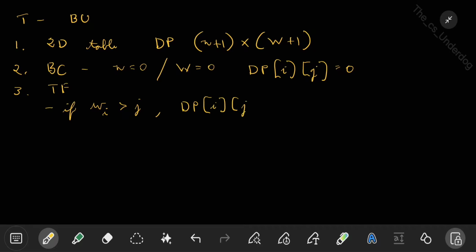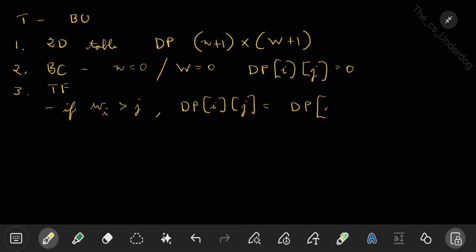dp[i][j], what will this entry be? This will be equal to dp, the entry in the matrix, where the ith item will not be included, which means the remaining i-1 items may or may not be included, but they will be available for selection. This ith item is anyway useless because it has weight more than j.